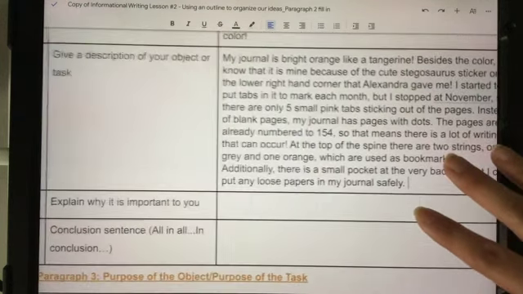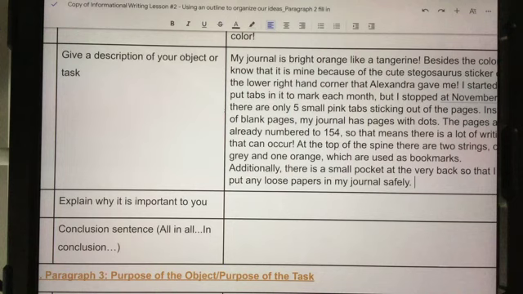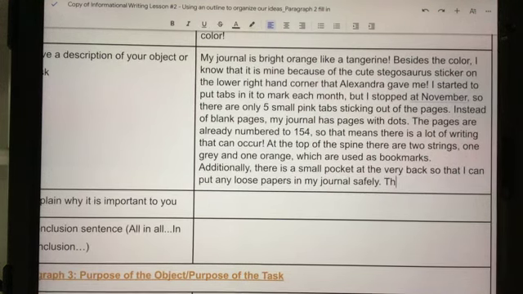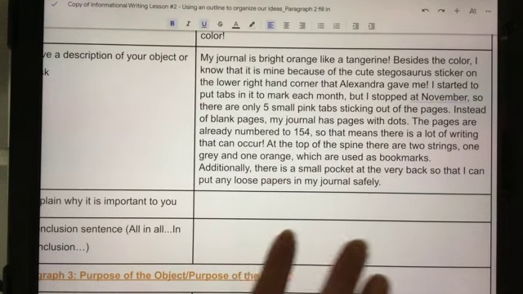Okay, next, explain why it is important to you. So here we go. Let's see. This journal, wow. Okay, I think there's about 3 reasons why this journal is important to me. And I'm going to start this off with just a basic sentence saying, this journal is very important to me. Oops. But I need to move over.